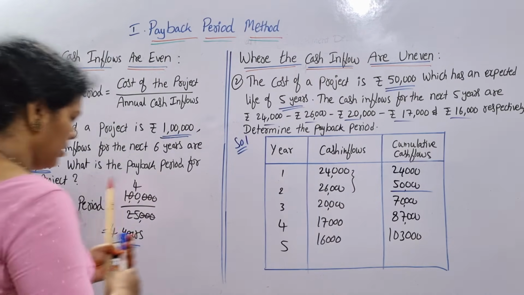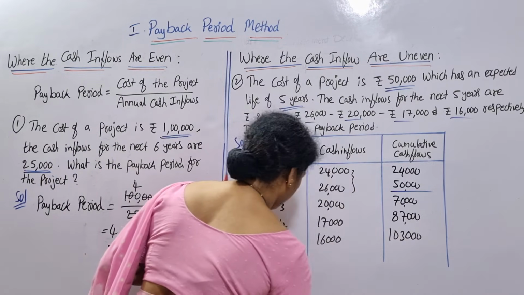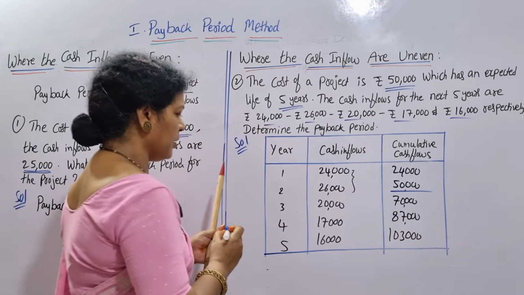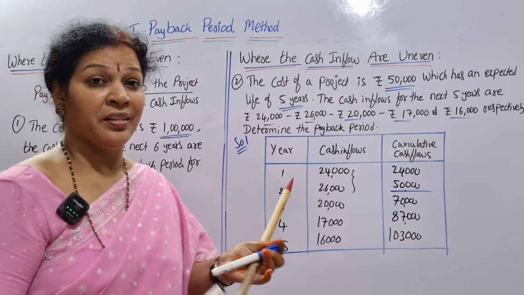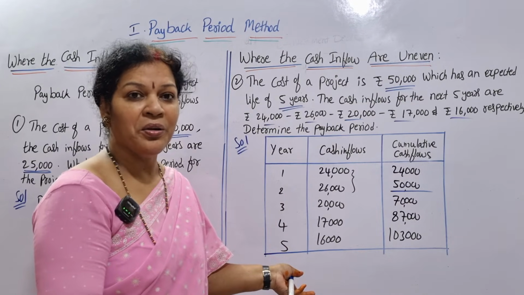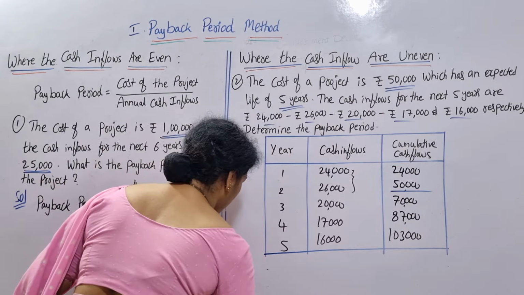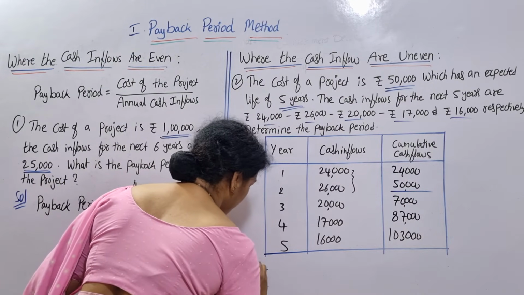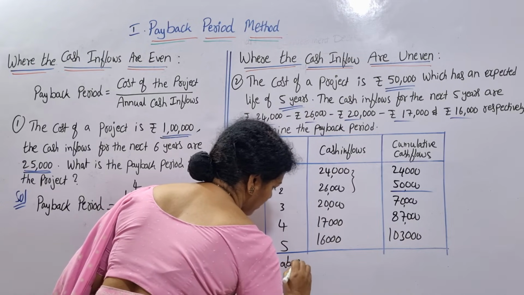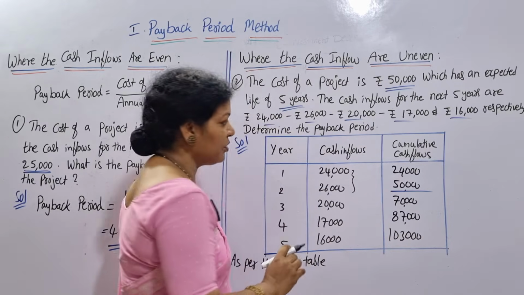Yes. I'll do one thing. You can write one sentence simply, because there is no formula. Table you have prepared, but what do you want to say? That you can mention. So as per the above table, payback period is 2 years.